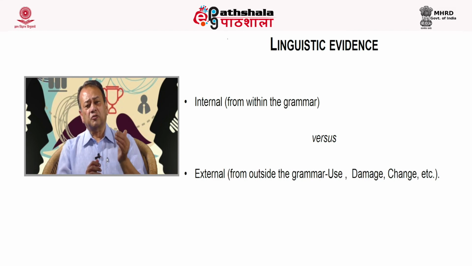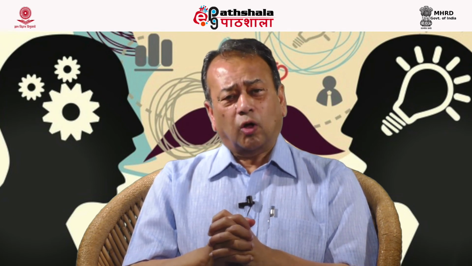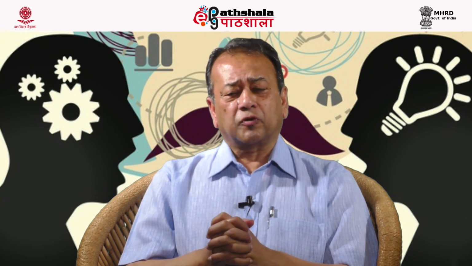So essentially, the difference is internal evidence predominantly in formal approaches versus external evidence predominantly in functional approaches. Having discussed the various points of difference between formal and functional approaches, it should be noted that both the approaches have also come close to each other, and there are grounds for us to think that these two approaches are complementary rather than contending.